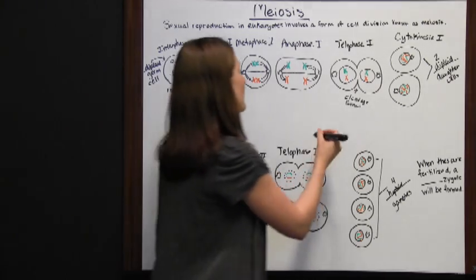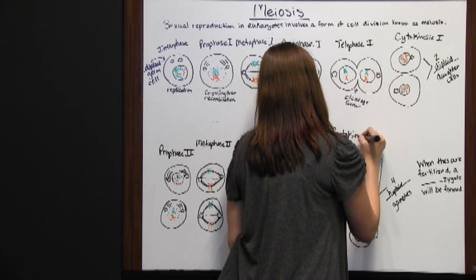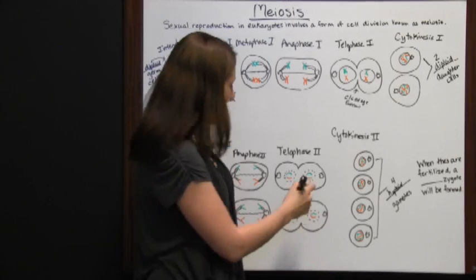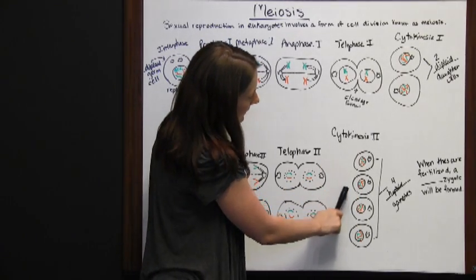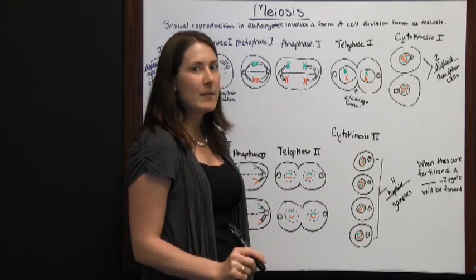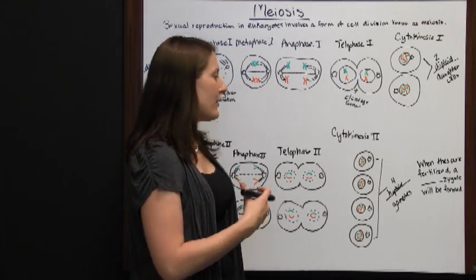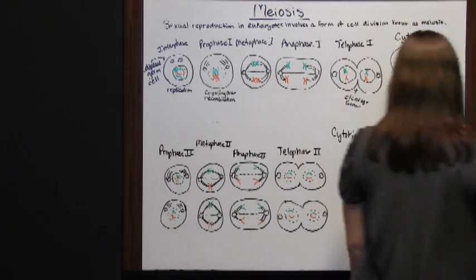And then we go to cytokinesis 2, which is where the cytoplasm divided between these two new cells and these two new cells, and now we've got 4 haploid gametes, which means that they each just have one set of genetic information, and they're going to need a partner to be able to reproduce.